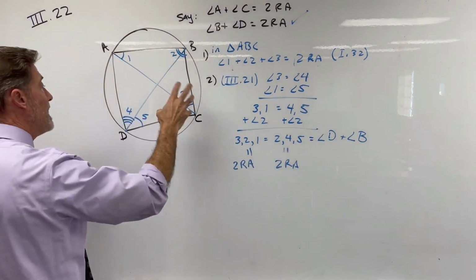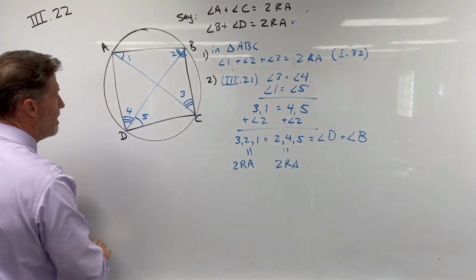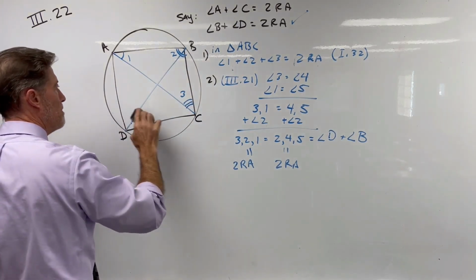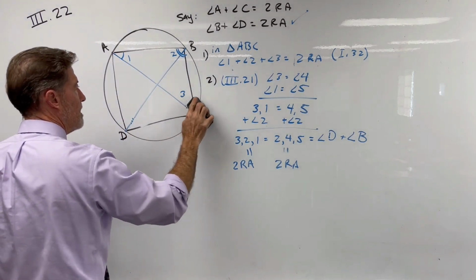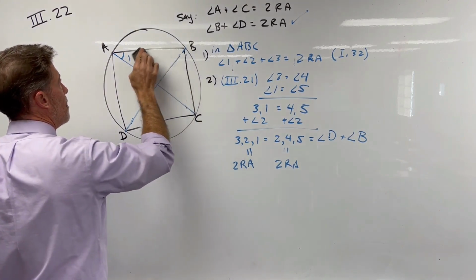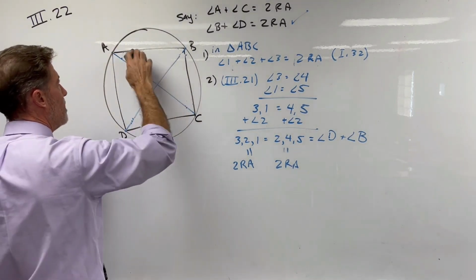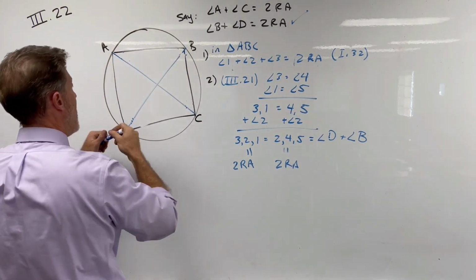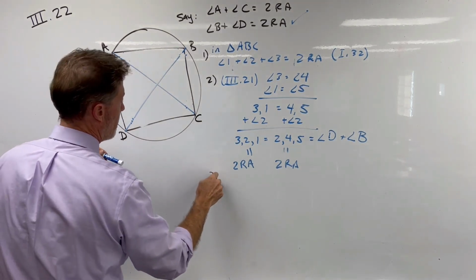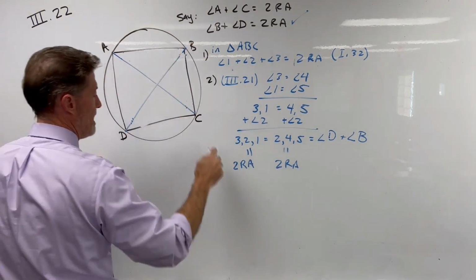Similarly, we can do the same thing to show the other pair, so we'll do that really quickly here. We'll just mark off a different triangle. Whereas before we used this triangle, now we're going to shift over and use a different triangle. So let's use triangle DAB.